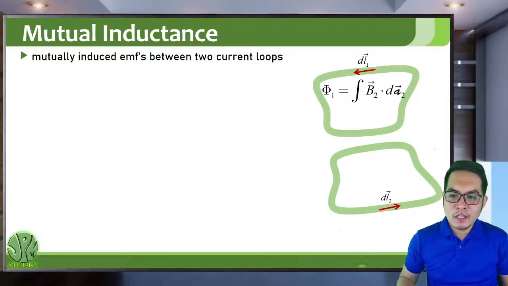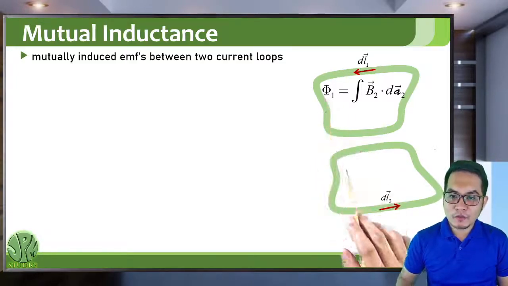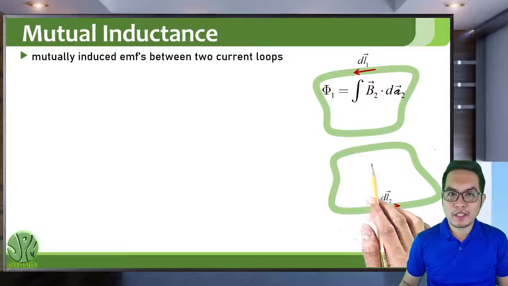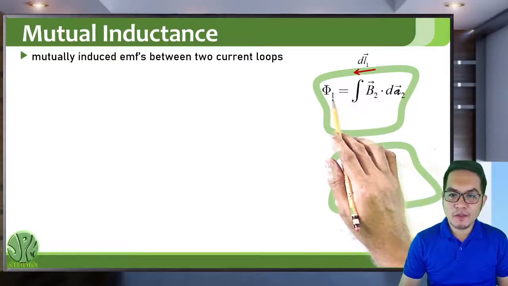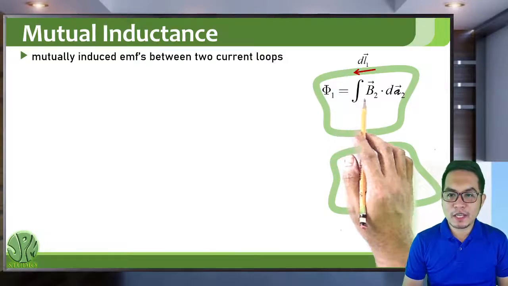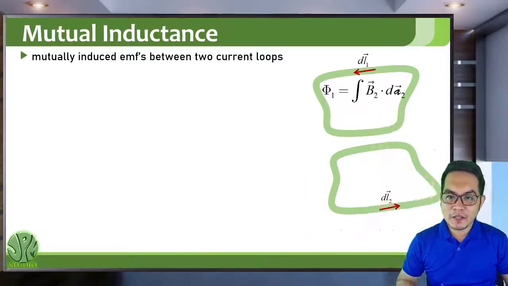There will be a flux on loop number 1 due to loop number 2. If the magnetic field of loop number 2 is changing, then this will induce a flux on loop number 1. The flux on loop number 1 is just the integral of the magnetic field of loop number 2 dot dA1.